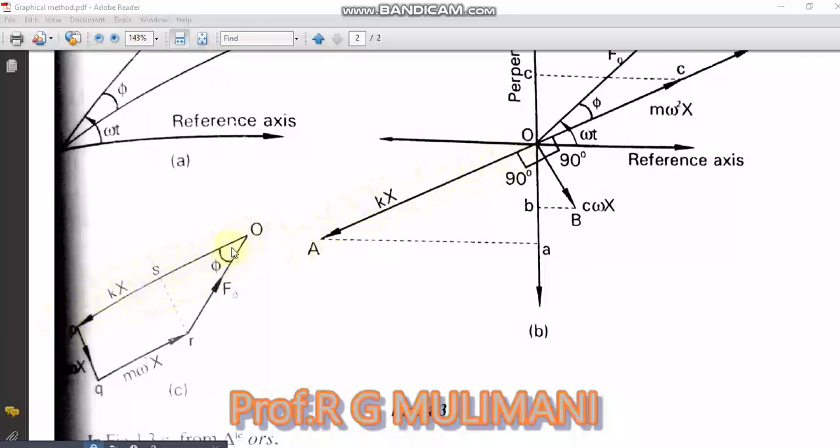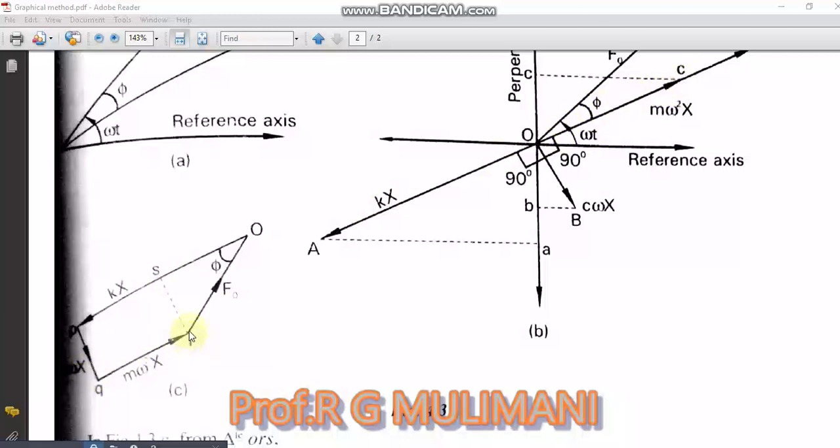Next, the damping force: from this point we draw a parallel line, this is c omega x. Next, from this point we take the inertia force at this omega t minus phi angle. You draw a parallel line from this point.